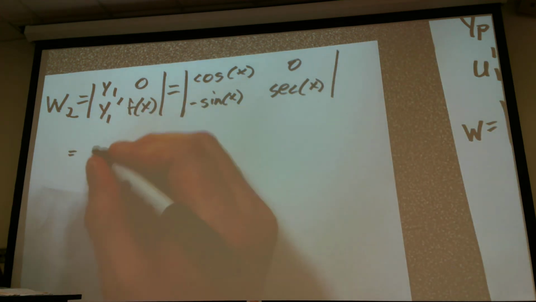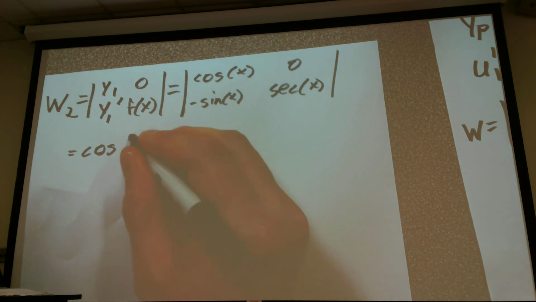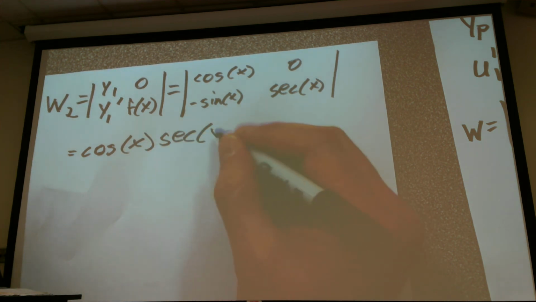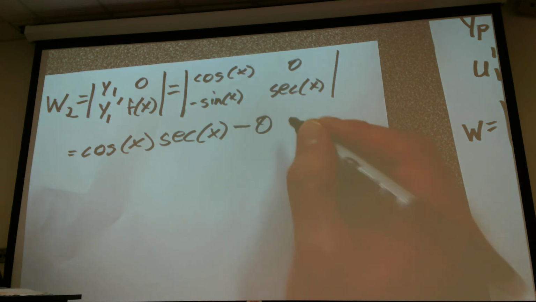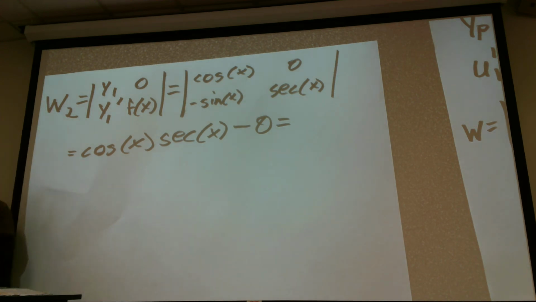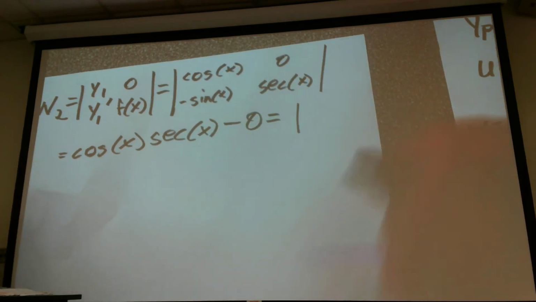So that's cosine of x times secant of x minus 0. But remember that secant of x is just 1 divided by cosine, so this is really cosine divided by cosine, so that just becomes a 1.